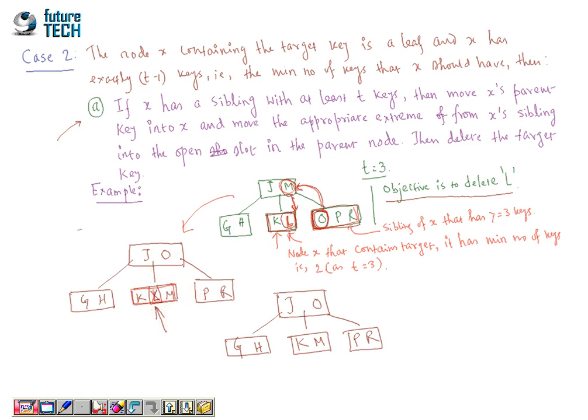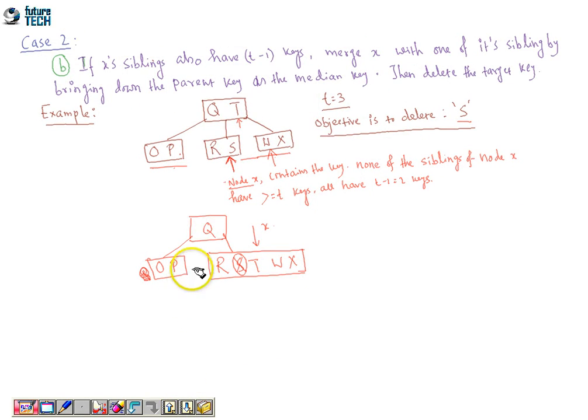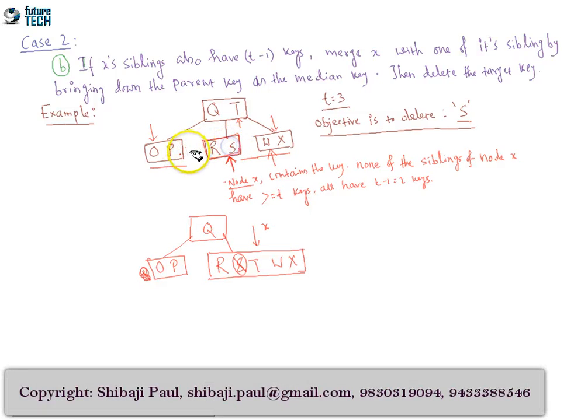That was the target. Now in the second case, as we can recall, neither of the siblings of the target node has greater than or equal to T keys. Here S is the target key, so this is the target node. All the siblings of this target node have the minimum number of keys. So here we just need to merge the target node with either of these siblings.